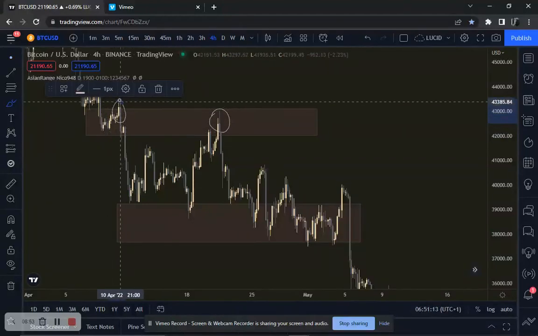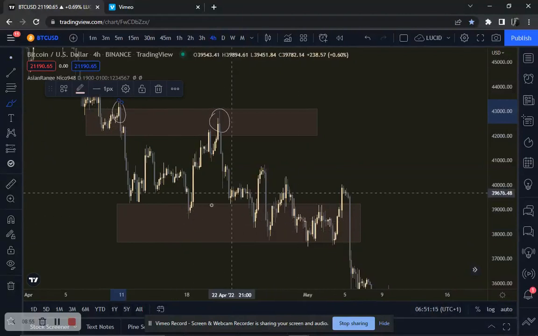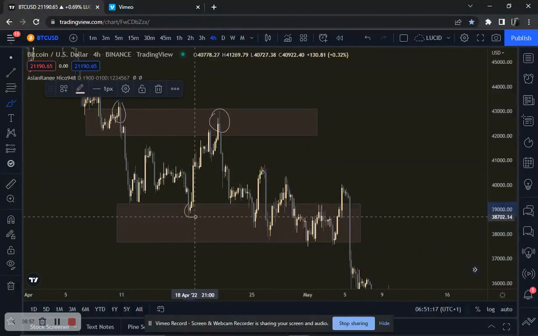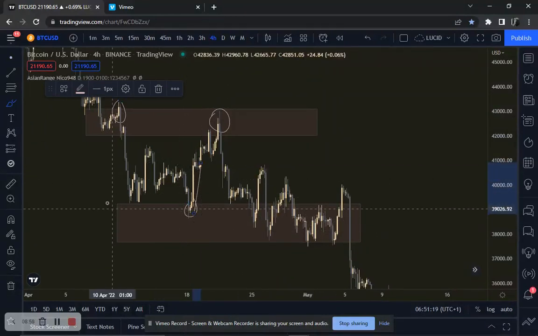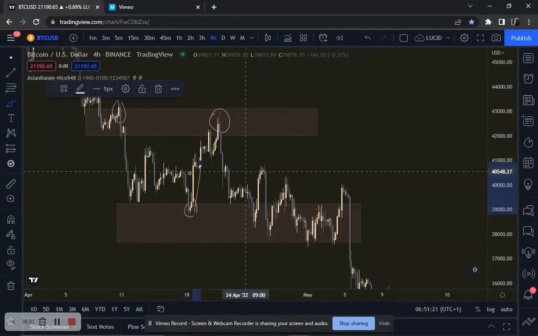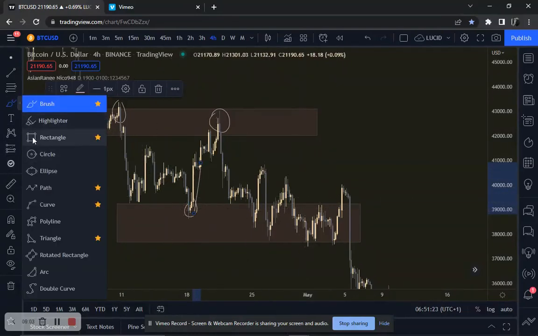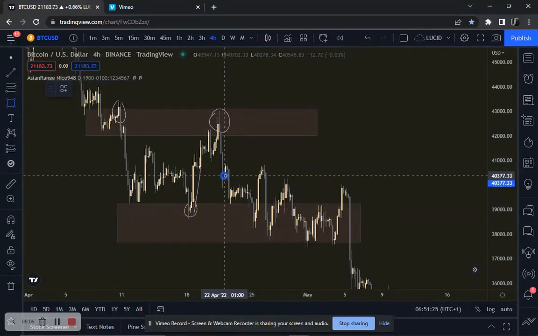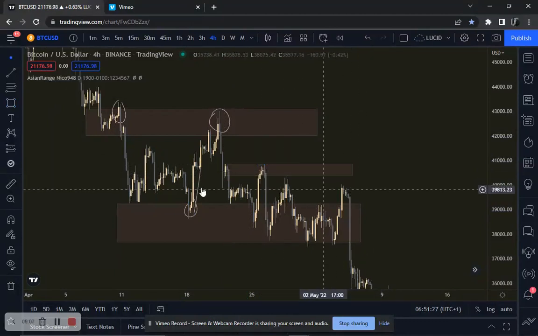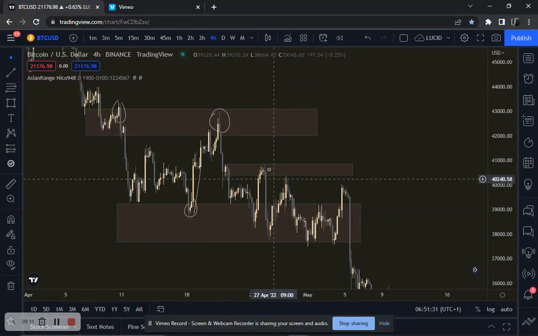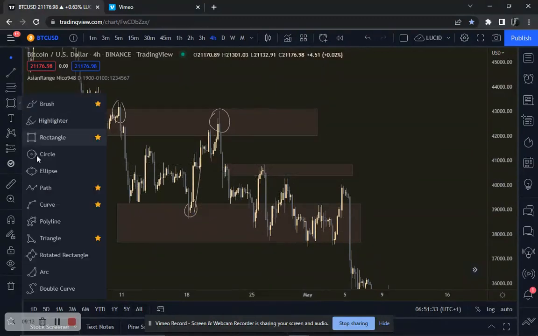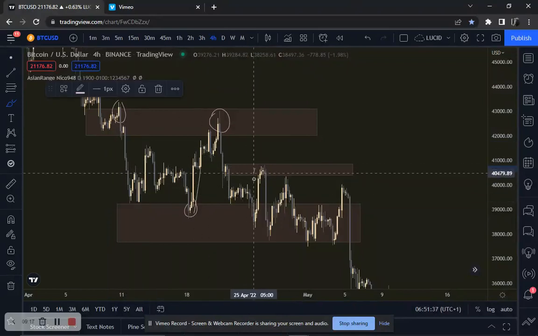Bearish engulfing, drop. Doji, upward move. We got this bearish engulfing. What did the price do? Drop lower. We got a doji here. We got a doji here. What did the price do? Dropped lower, right?